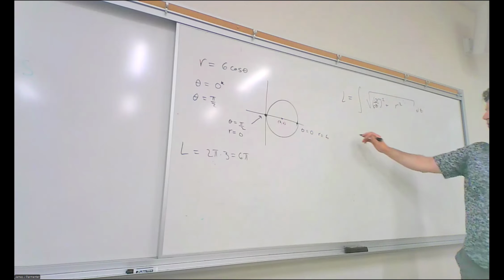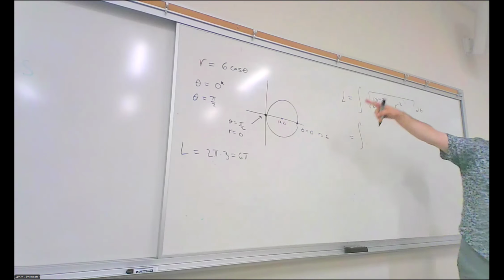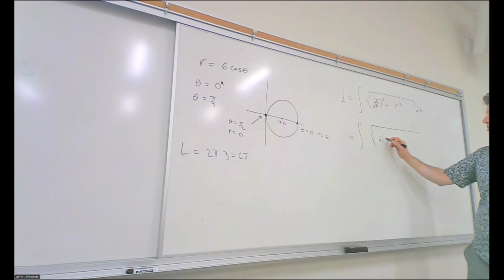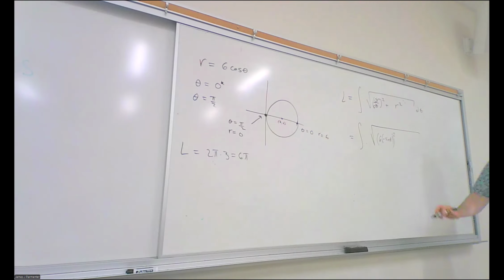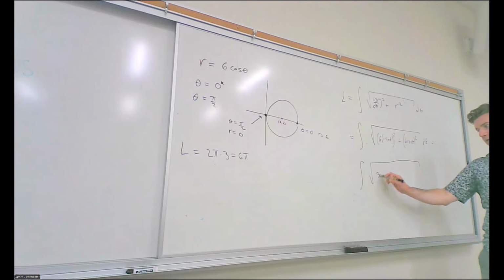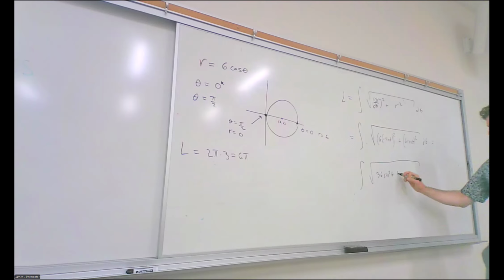Sorry. dr d theta is 6 times negative sine theta, squared. And r is 6 cosine theta, squared. We end up with the integral of the square root of 36 sine squared plus 36 cosine squared. That's just 36, and the square root of 36 is 6. This is really just the integral of 6.